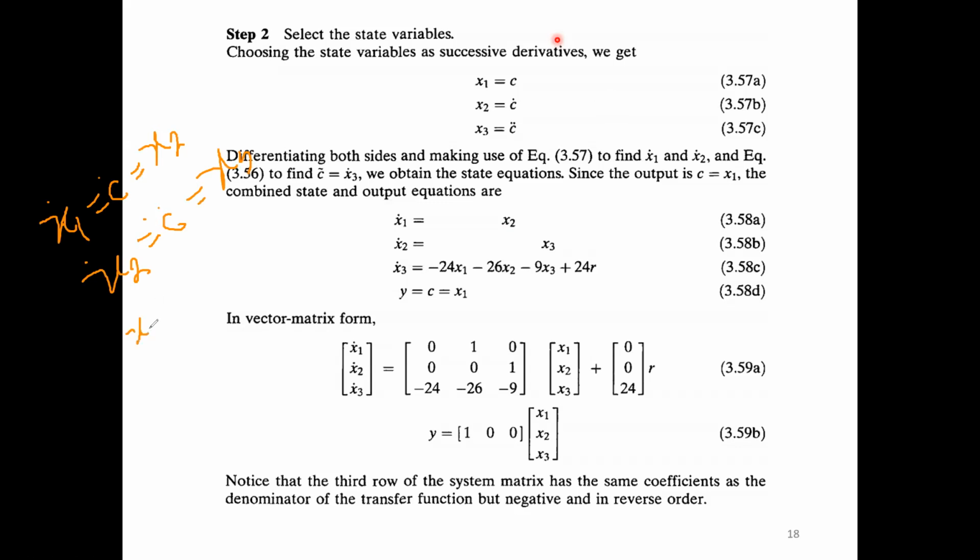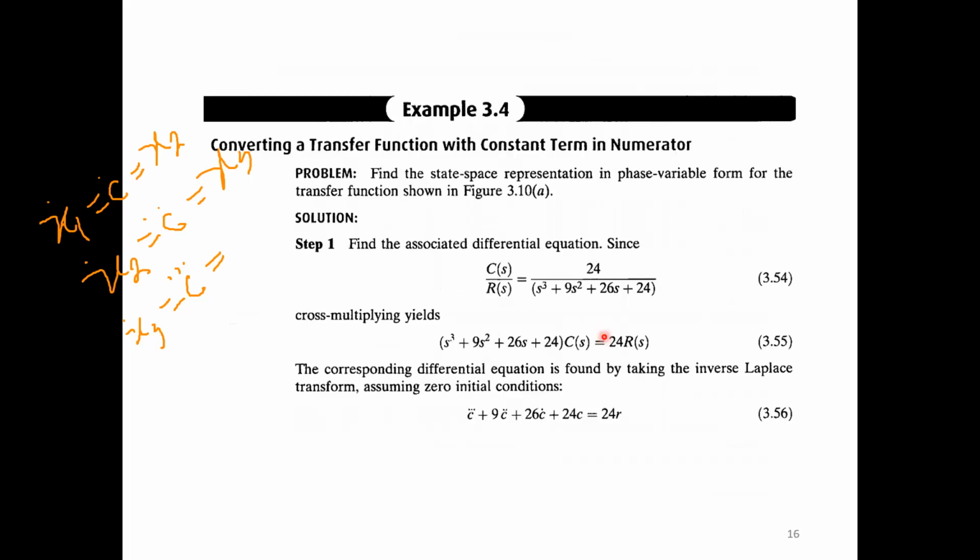And x3 dot means C triple dot, which is equal to, how would you get it? You get it from the previous one.